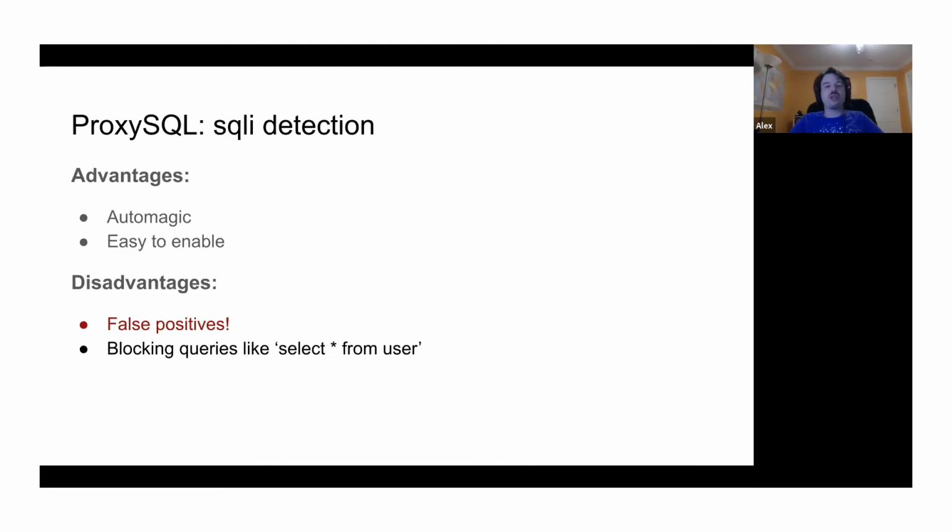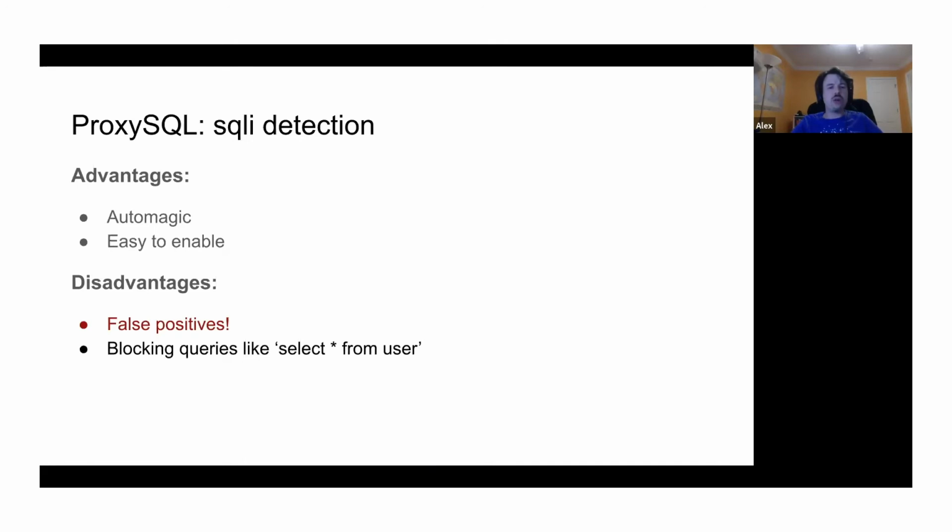There are so many false positives that it is almost not usable. It is possible to remove some of them, but I was not satisfied with how automatic SQLi detection works. In reality, it is a really hard problem to solve. We are trying to detect something that we don't know about. We don't know anything about the application, and we're trying to detect it automatically.